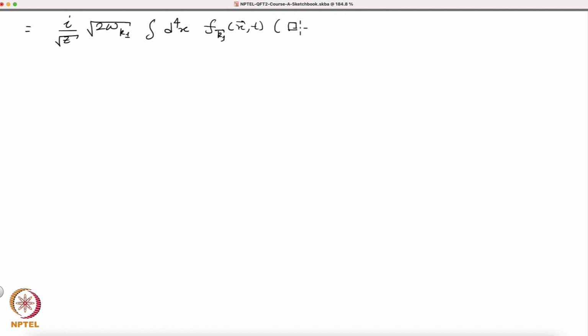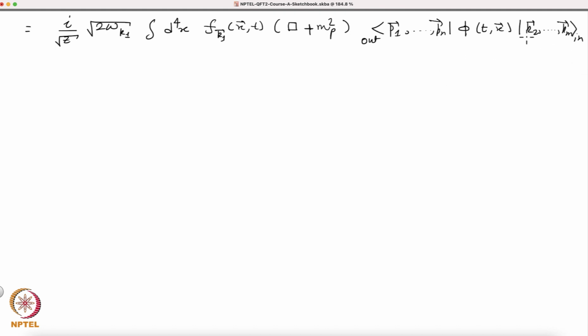Then you have this differential operator, okay, and then there's the out state. I will write it in full this time, phi of t x, and then k2 to km in.